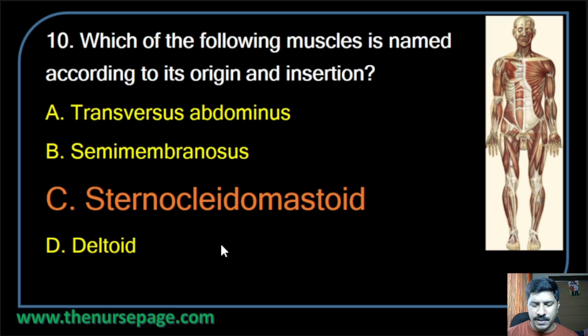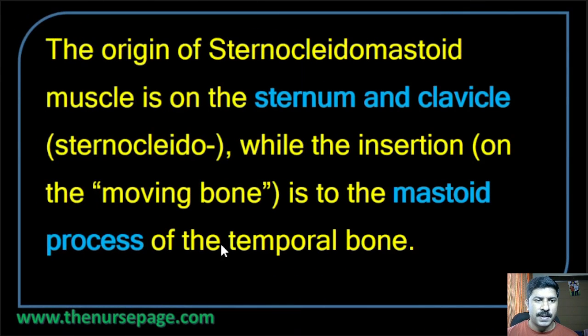I will explain how it is named. The origin of the sternocleidomastoid muscle is on the sternum and clavicle. That is why the first part is sternocleido. Sterno means related to the sternum, cleido means related to the clavicle.